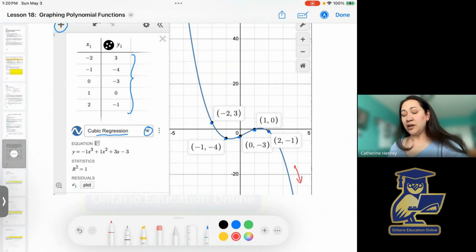Now the degree of the polynomial is 3. 3 is odd, and so that means on the left side, it'll be doing the opposite of what it's doing on the right, which it is. So I just want you to take a table, graph it on Desmos, and confirm the end behavior based on the leading coefficient and the degree of the function. So try that on your own on Desmos. Make sure you get something that looks like what I have entered into our document.